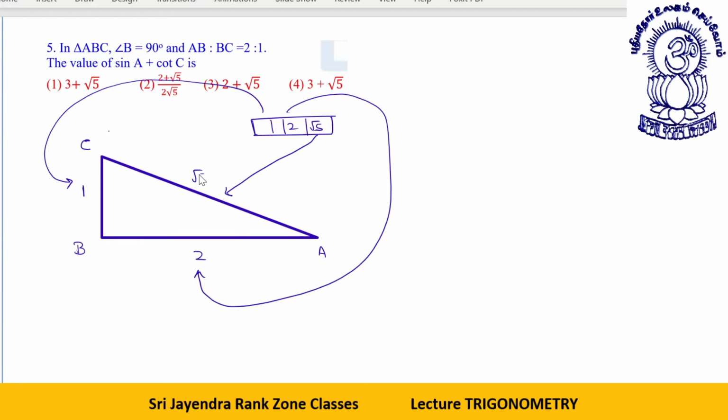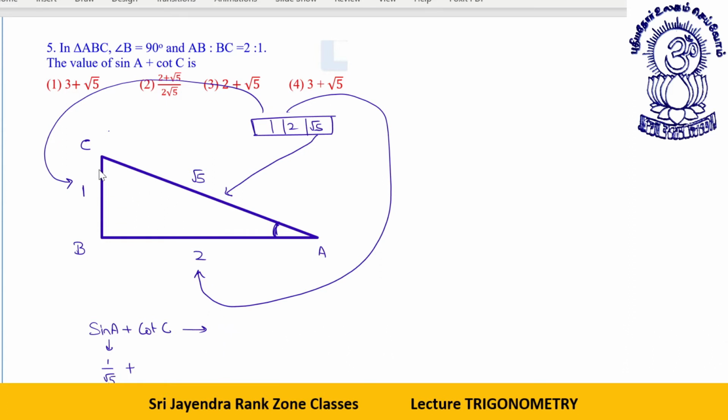You can solve it without actually solving. Now you require sine A plus cot C. Sine A means if this is your theta, sine theta is perpendicular upon hypotenuse. That is 1 upon root 5. Let me write it over here. 1 upon root 5.